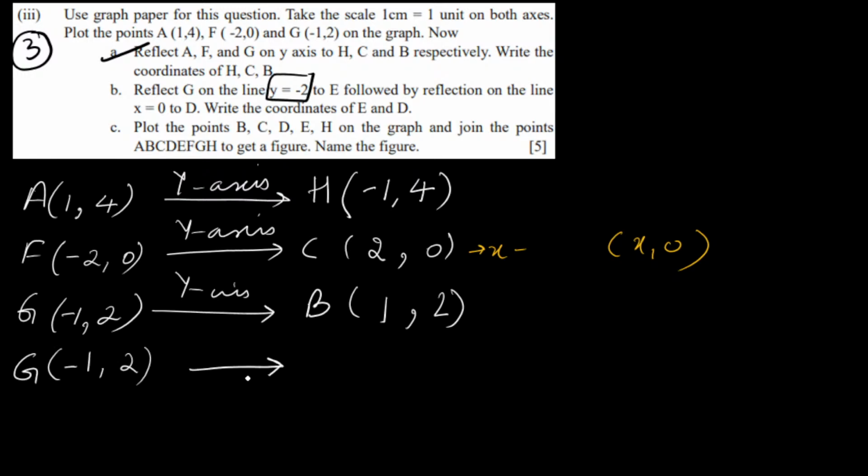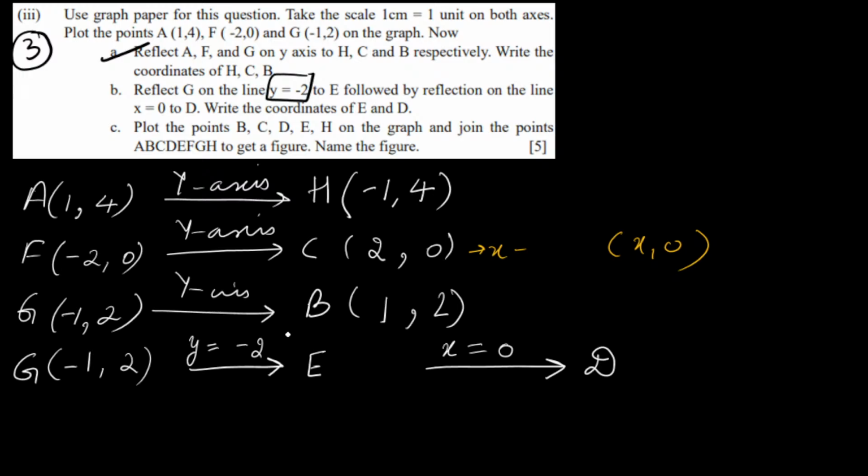We do reflection on the line y = -2 and we get point E, followed by reflection on the line x = 0. Again this point E's reflection we do on the line x = 0 and we get D. So we have to write down the coordinates of E and D.